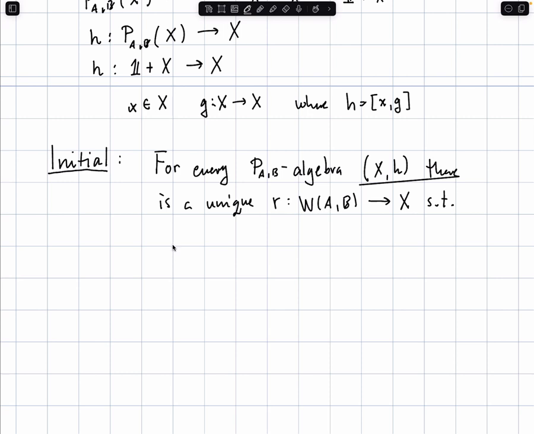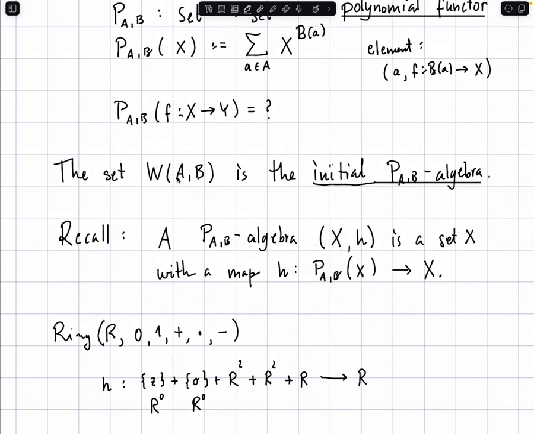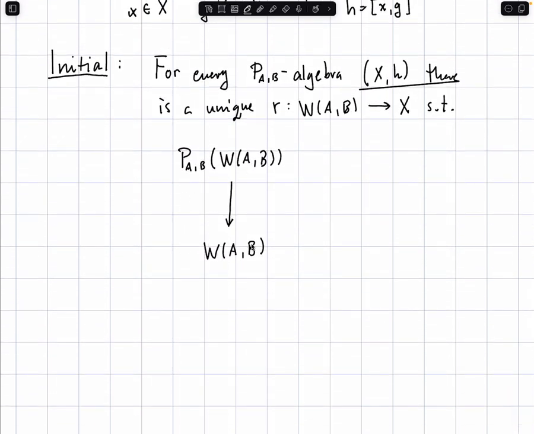So how does it work? It goes like this. You have P of WAB to WAB. Oh, do we have, we need a structure map from WAB, which we don't have yet. We actually claim that this is an algebra, so there ought to be some structure map here.